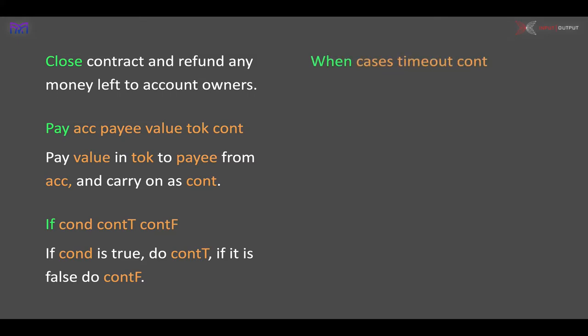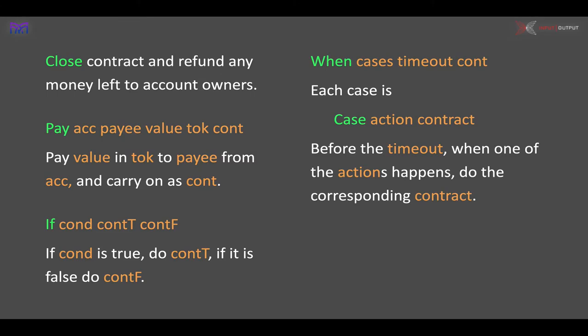Now, what about the when? The when has 3 components. It has a number of cases, it has a timeout, and it has a continuation. So let's see what happens there. Each case is itself an action and a contract. And what happens is, before the timeout happens, when one of the actions happens, we do the corresponding contract. It's got various possible actions.